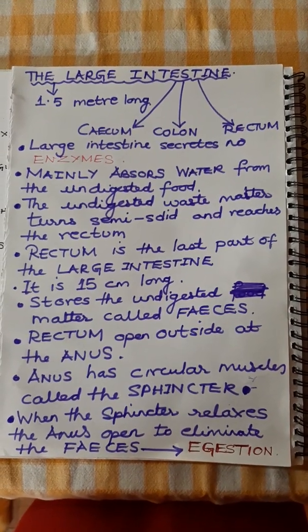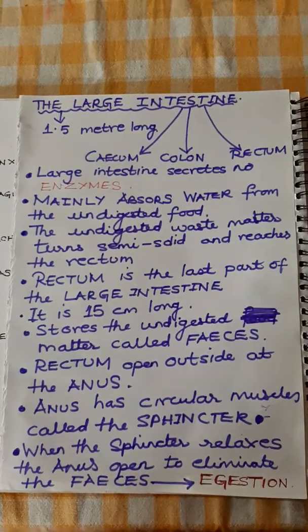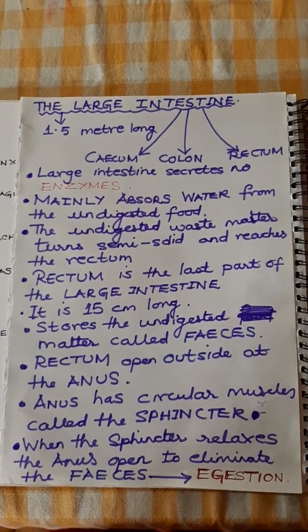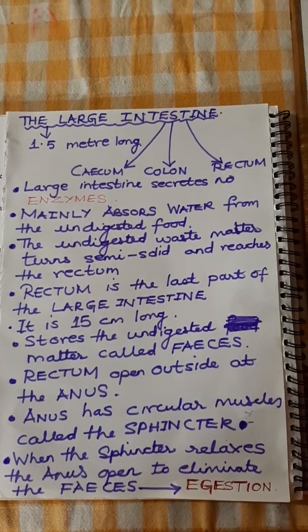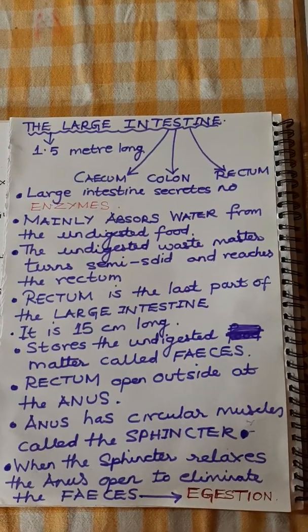The large intestine does not secrete any enzymes. No enzymes are secreted over here. But the main function of the large intestine is to absorb water from the undigested food.